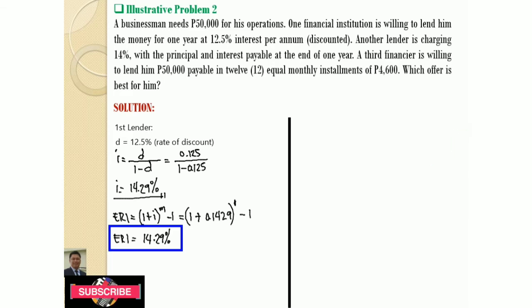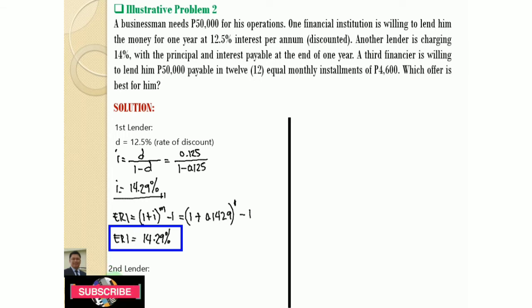For our second lender, based on the given, we have this value of our R, which is 14%, with the principal and interest payable at the end of 1 year.